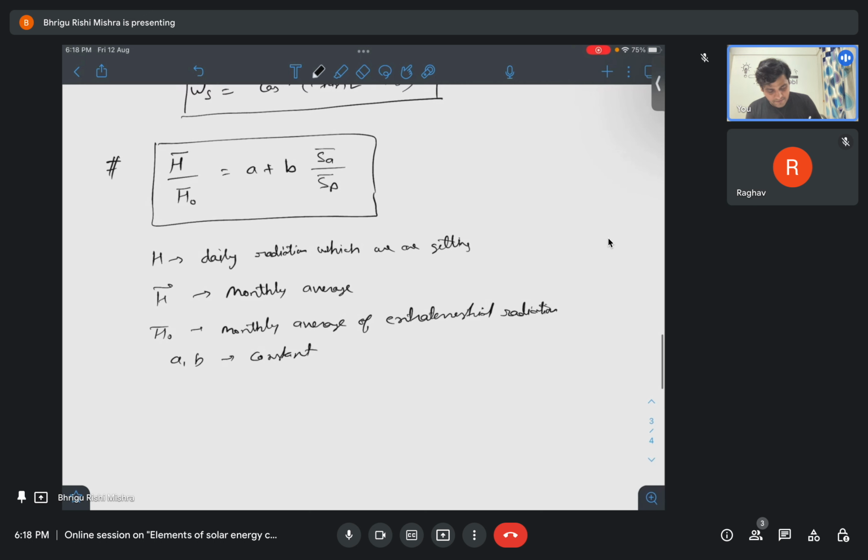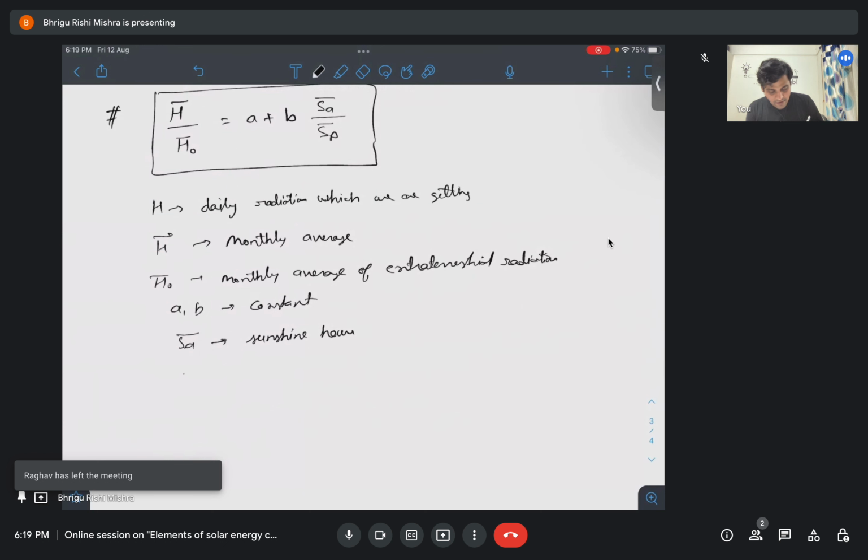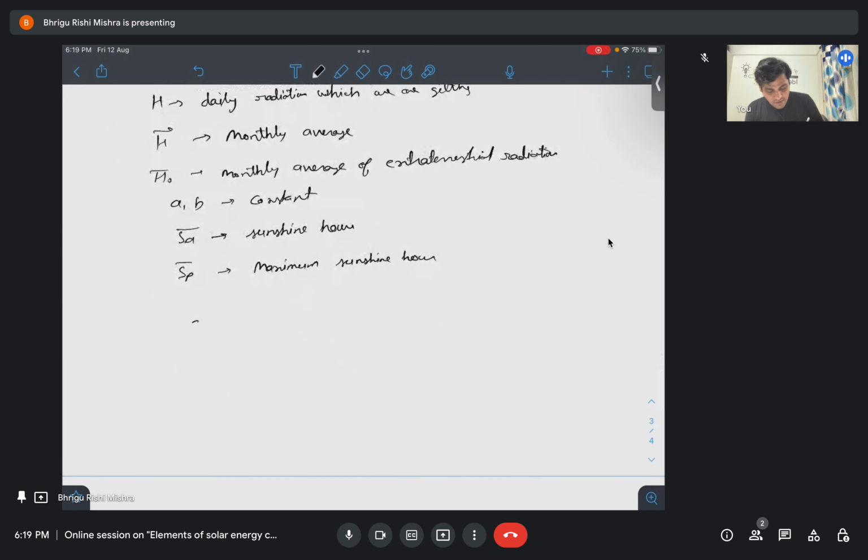Here S A bar is the monthly average sunshine hour given for that location, and S P bar is the maximum sunshine hour. So S P bar can be calculated since from sunrise to sunset, omega varies from minus omega s to 0 and then 0 to plus omega s.